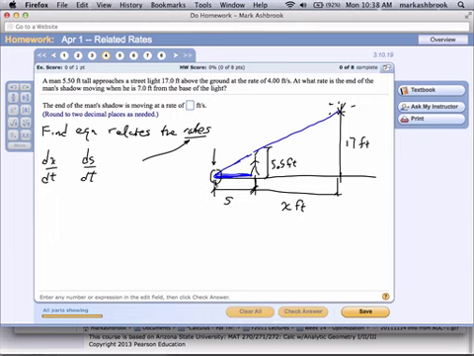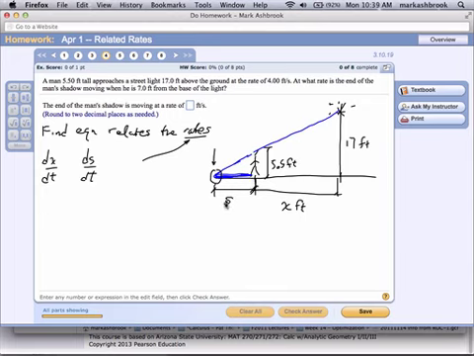Is how fast that point's moving the same as how fast the shadow length is changing? You have to add to it the speed of the person walking. How come? Because the shadow is attached to the person. Okay, the shadow is moving, and it's also changing.